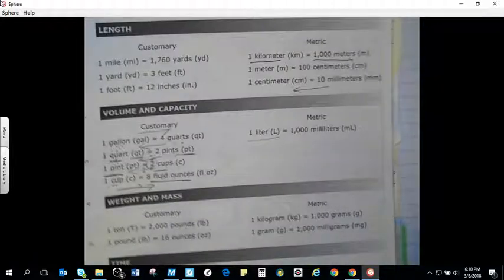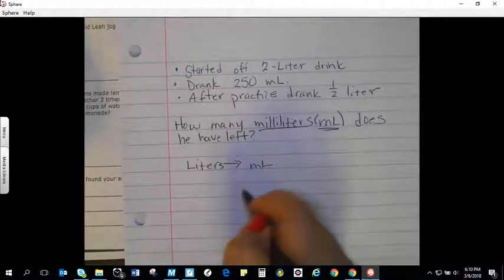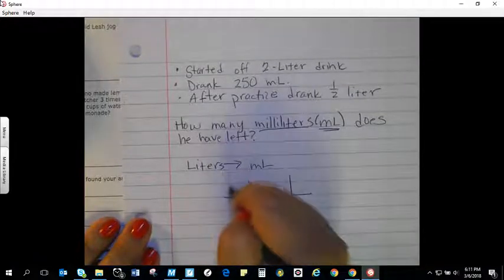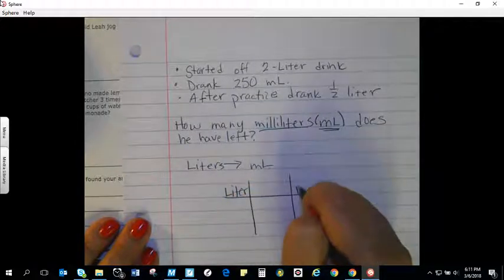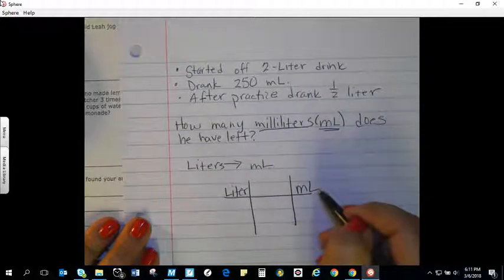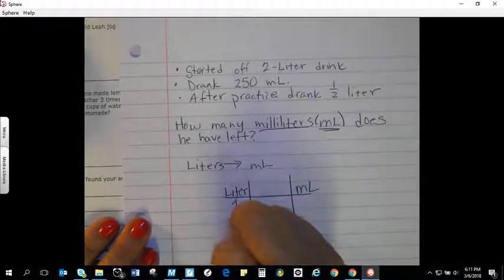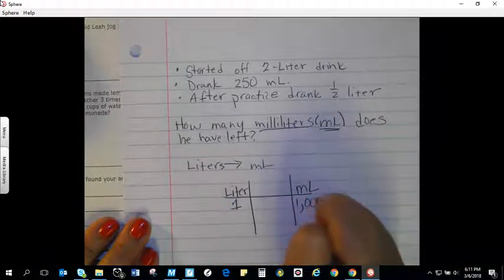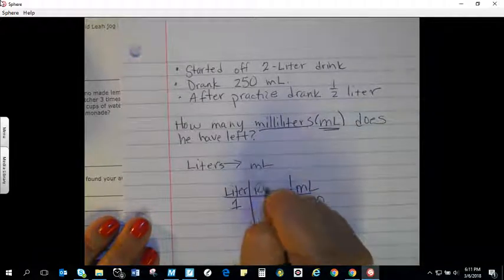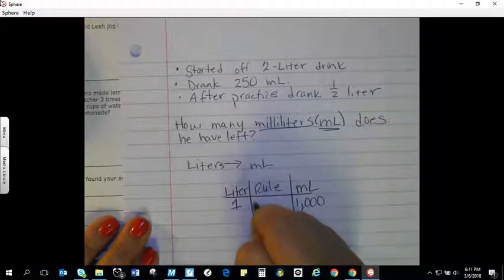I'm going to do the same format. So for every liter, I'm going to convert to milliliter. For every 1 liter, I have 1,000 milliliters. My rule, yep, multiply by 1,000.